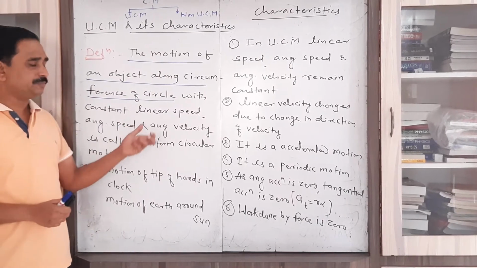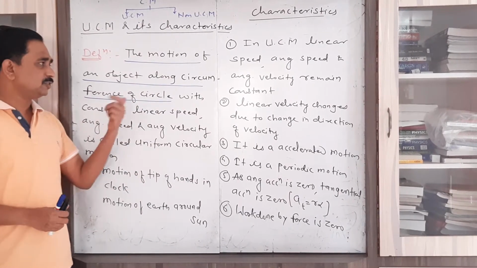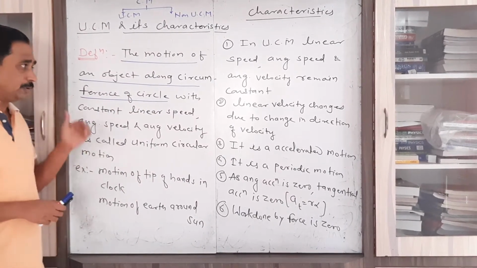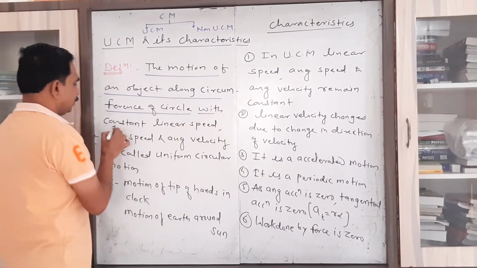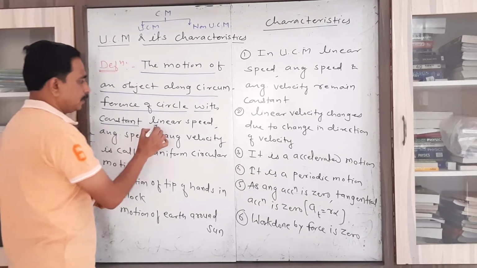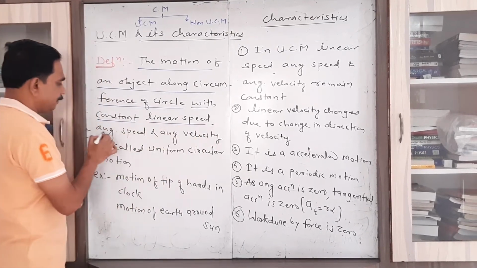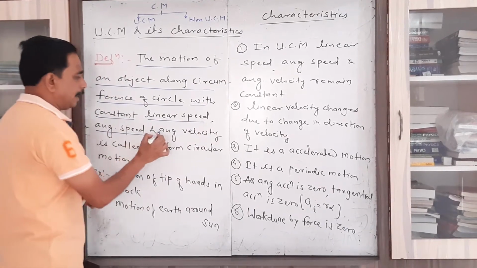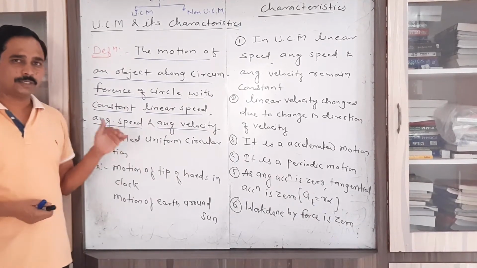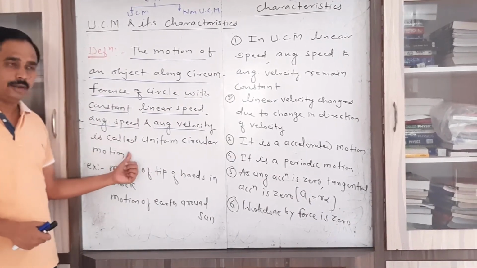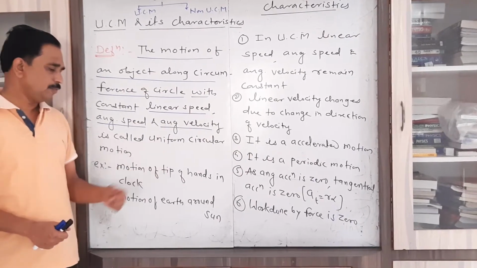But how does that object perform its circular motion? It performs the circular motion with constant linear speed, angular speed and angular velocity. This type of circular motion is called uniform circular motion.